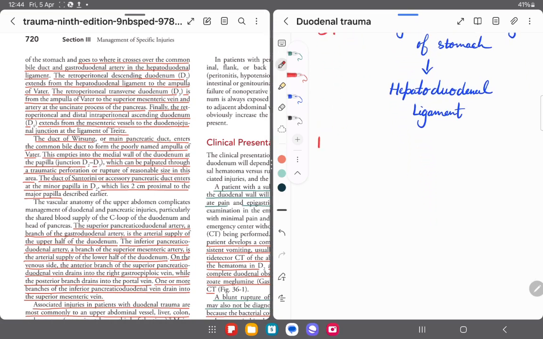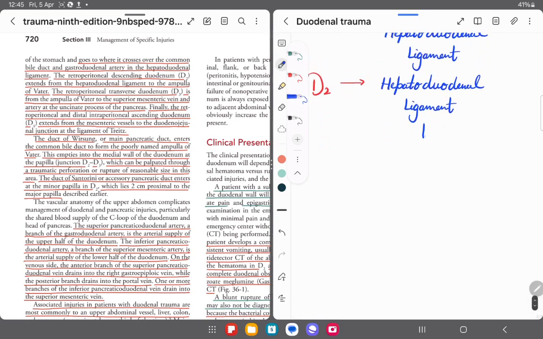Then the extent of D2. D2 extends from the hepatoduodenal ligament to the ampulla of Vater.